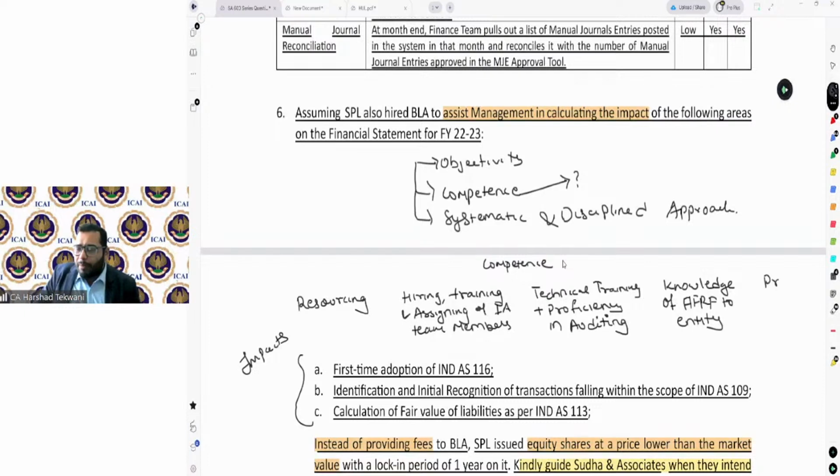Plus professional bodies. Are they linked to any professional bodies, or are there any guidelines or professional standards available to them which govern the work they perform? If I can get comfort on these areas, then I can say I have validated the competency.